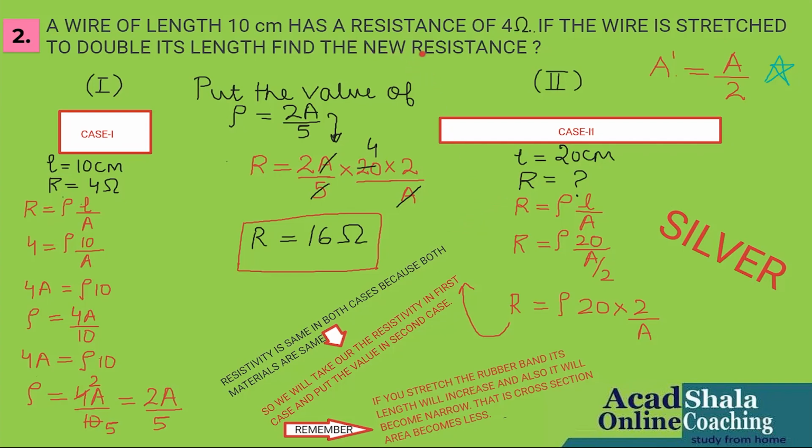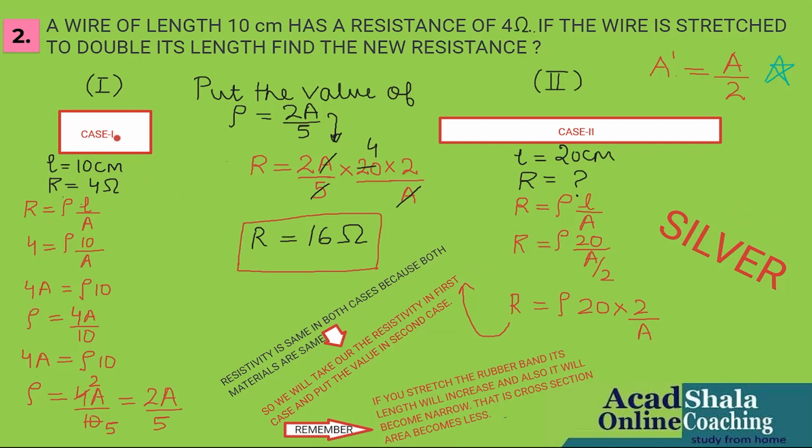Seeing the demand and the language of the numerical, I have come to know that resistivity will be same in both the cases. Why? Because both materials are same, that is silver. Clear, children?